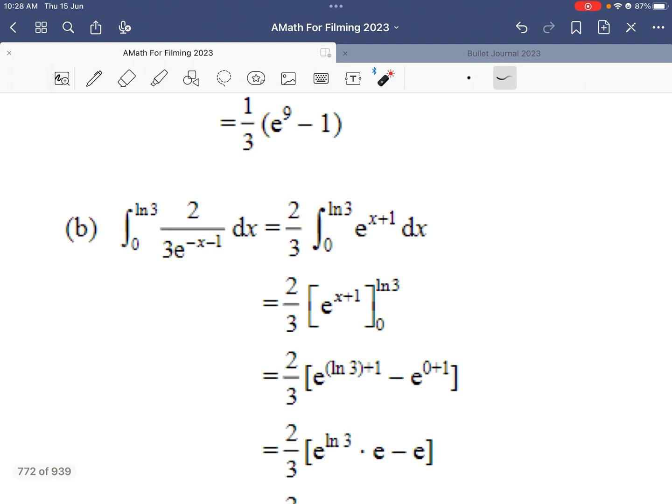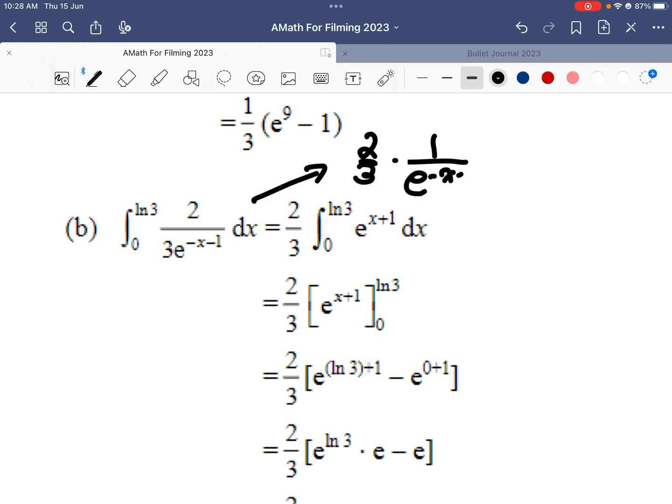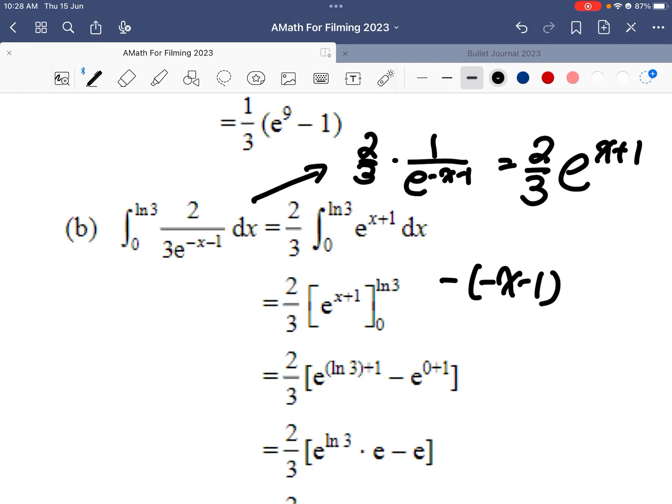Similarly, for part B, what you need to do is to simplify. For this one, what they have done is first write it as 2/3 times 1 over e to the power of negative x minus 1. Then for this term here, I can write it as e to the power of negative x minus 1, which will yield x plus 1.